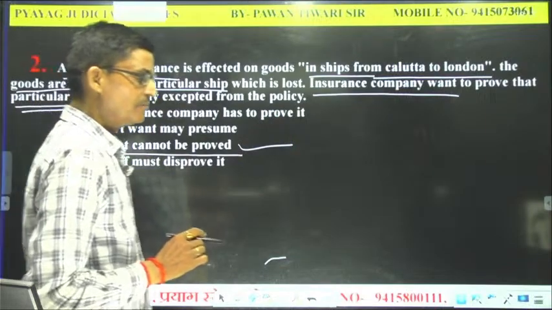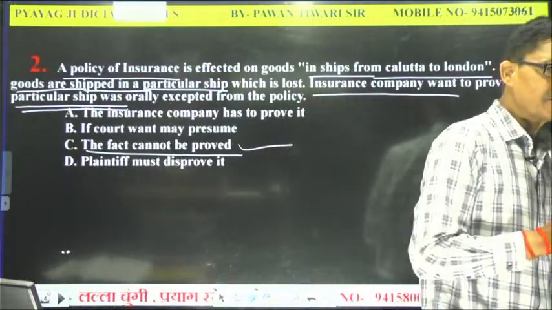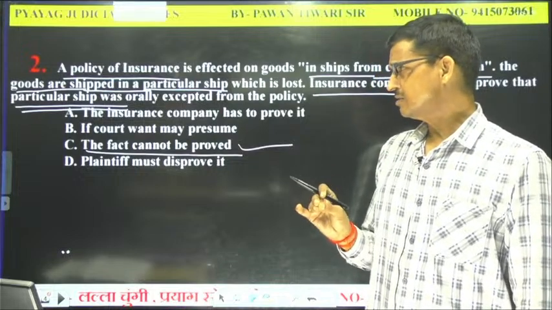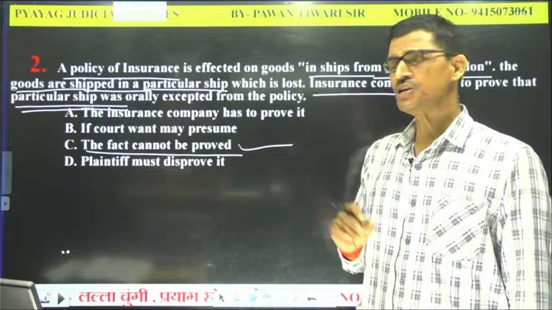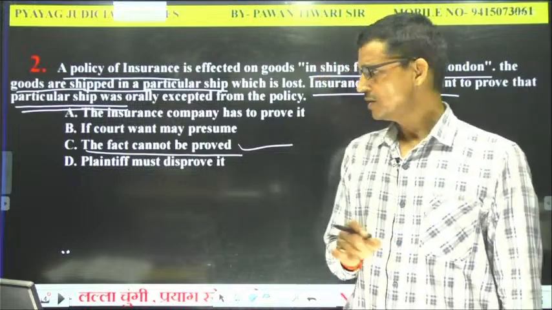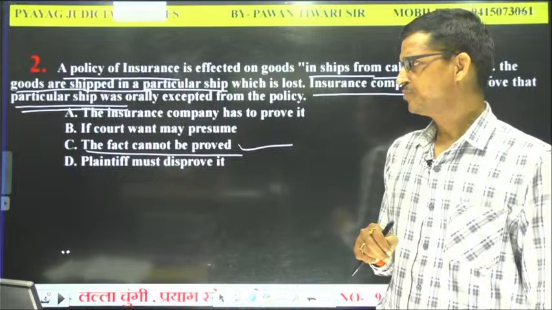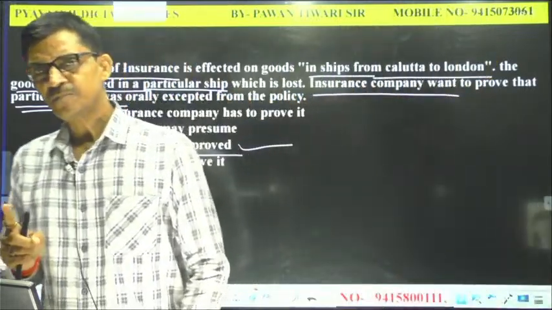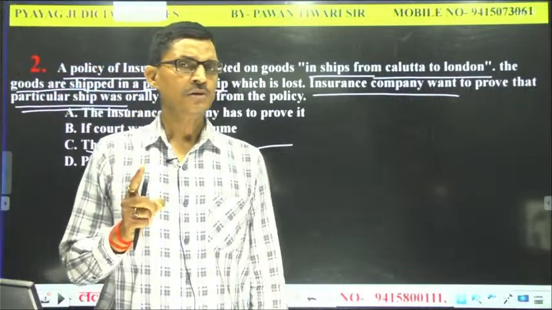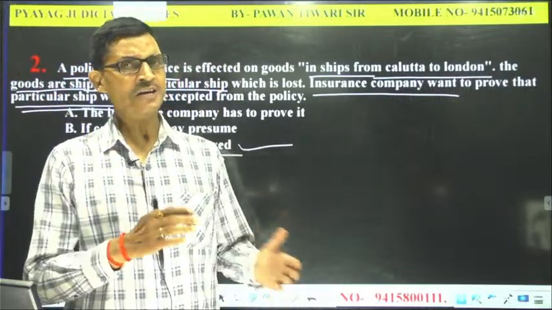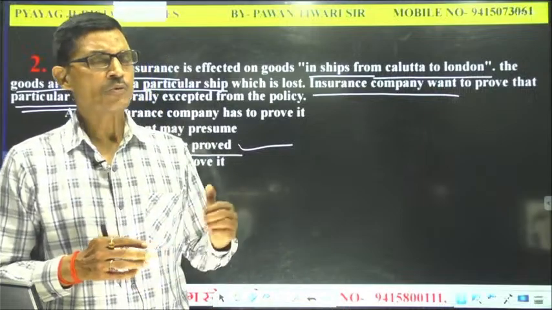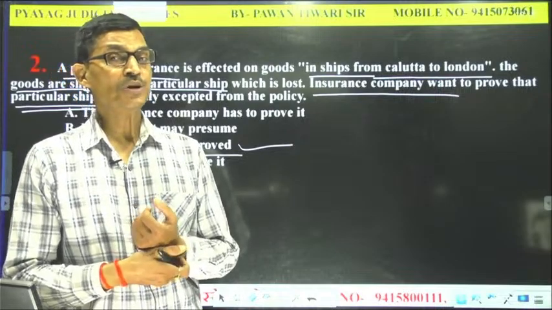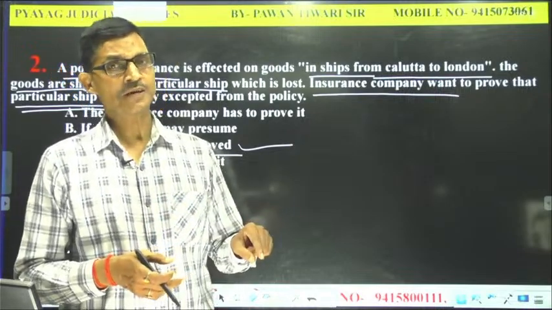Why? Because the fact contained in the policy of insurance is not required to be proved, because if any contract, grant or disposal of property is relating to any document, it must be proved only by document.